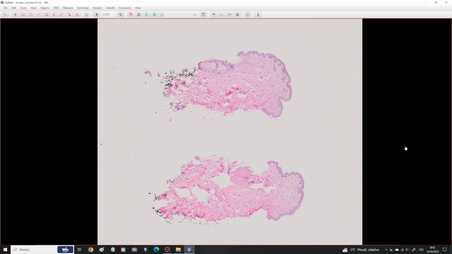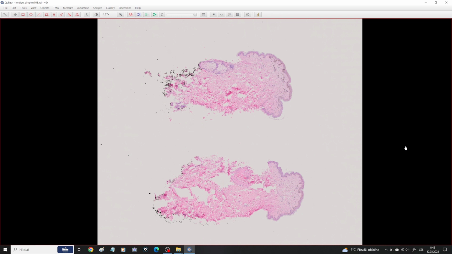But we are on the undergraduate level of pathology. What we do here in this channel is that we focus mainly on pre-graduate students. So we won't discuss everything, we won't discuss all the subtypes, because it would take us many hours. But we will touch the most common types of nevi and the most common subtypes of melanomas.